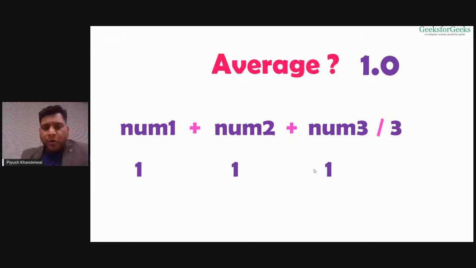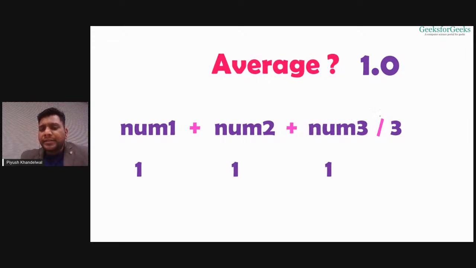The thing that is wrong over here is this mathematical expression has more than one operator, right? So it has two additions and one division operation. When your expression has more than one operator, the operators are evaluated in order of their precedence, right?